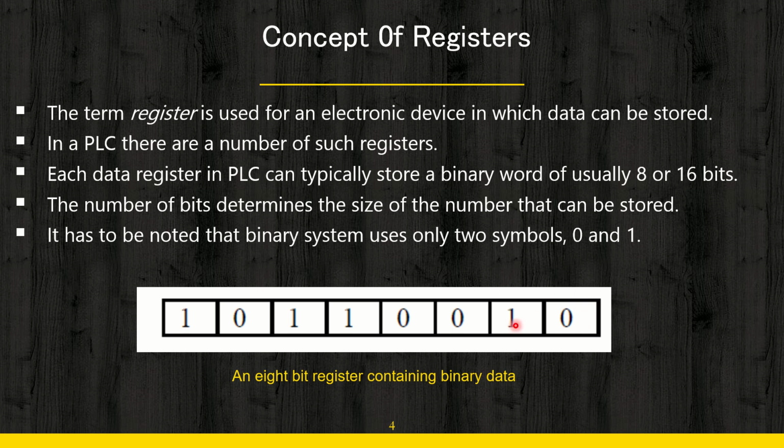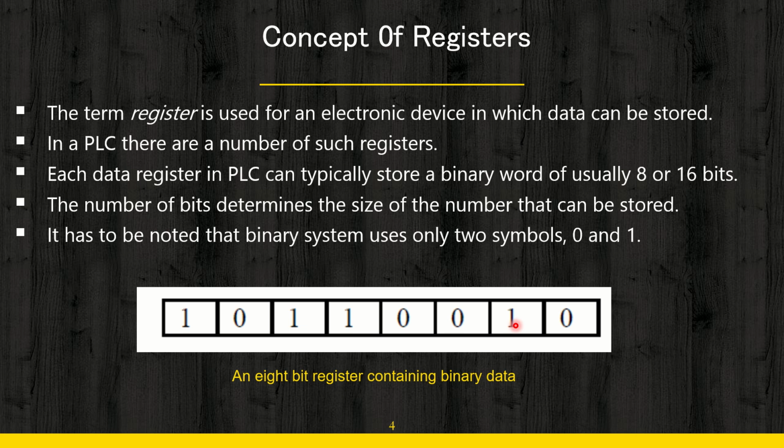And each of these rooms can hold 1 bit of data. Now this data is either 0 or 1, definitely, because we are dealing with the binary number system. Because whatever microprocessor is there inside a PLC, it works with the binary language only. Now you see here in the given example, this register is containing 8 bits of data.